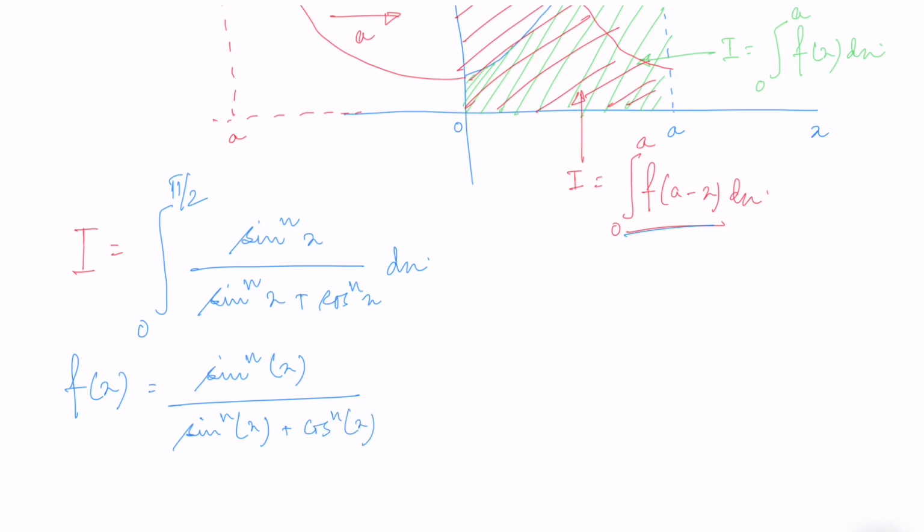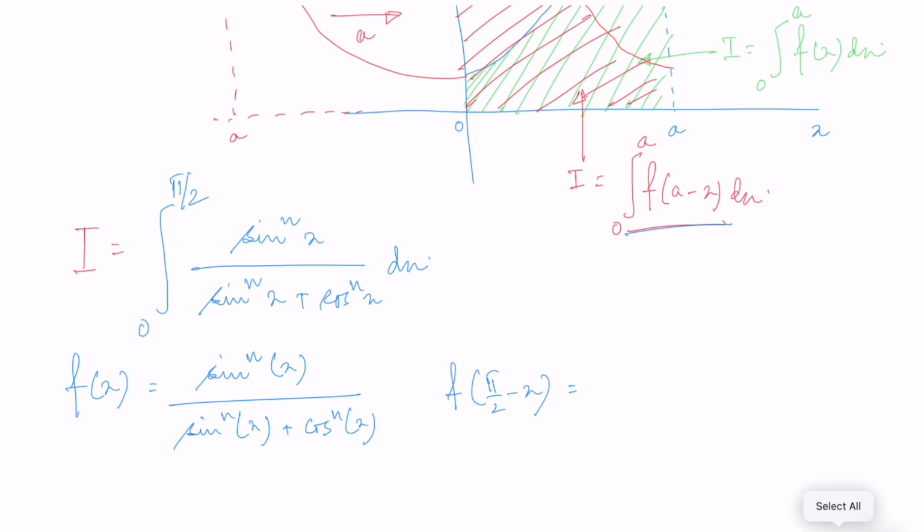Now I'm going to use this formula here. Now the question comes, what should my a be here? So a is nothing but pi by 2. So let's see, if I say f of pi by 2 minus x, with a equal to pi by 2, what does it become? Sine of pi by 2 minus x. We know sine and cos are complementary to each other.